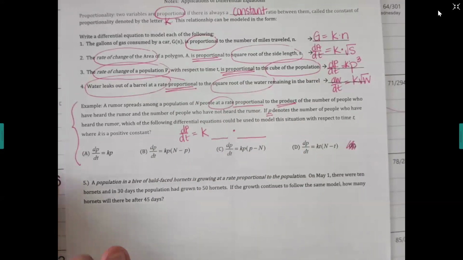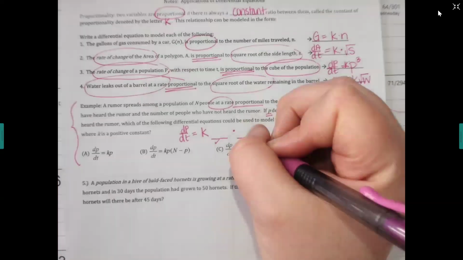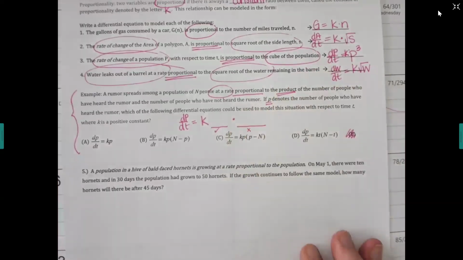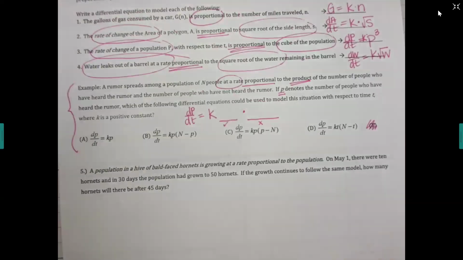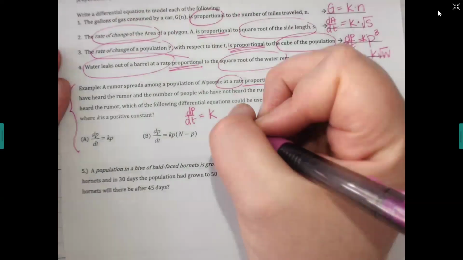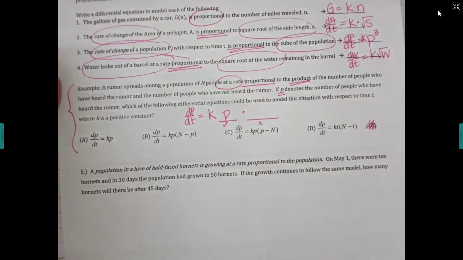Okay, we know it's a product. That means two things are going to be multiplied together. Then it says the people who have heard it and the people who have not heard it. So these are the people that heard it, and this is the people that have not heard it. What letter stands for the people that did hear it? P. And how would I find how many people have not heard it?